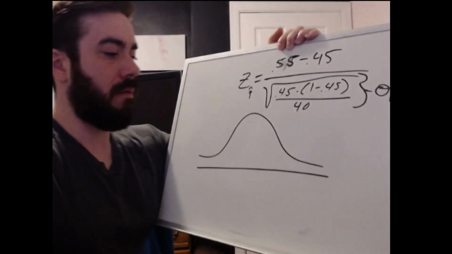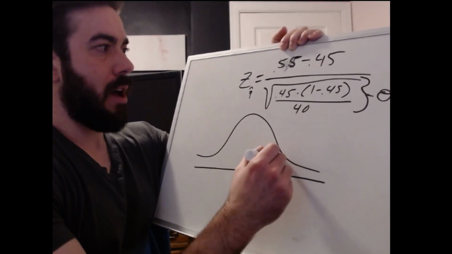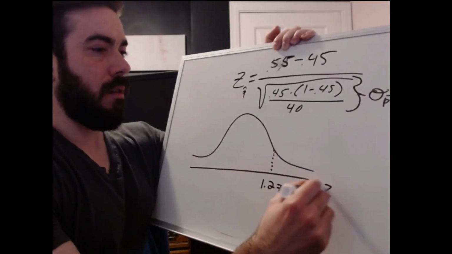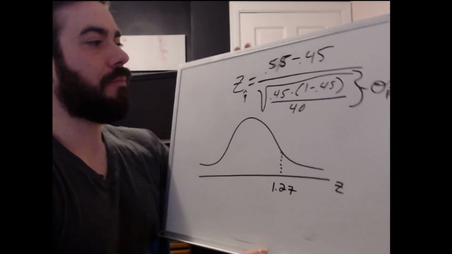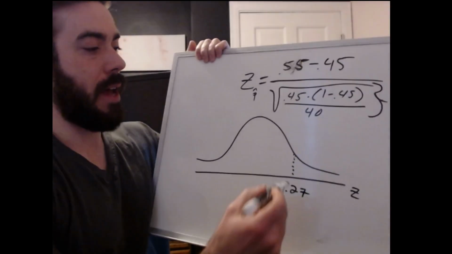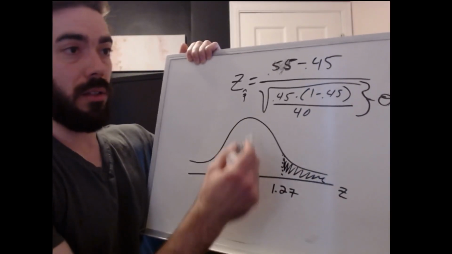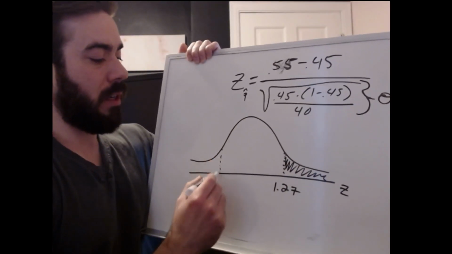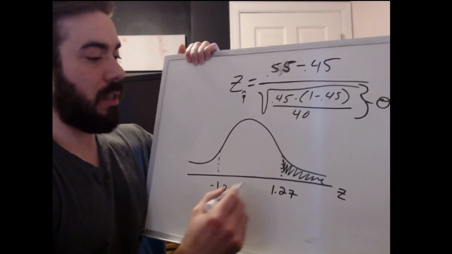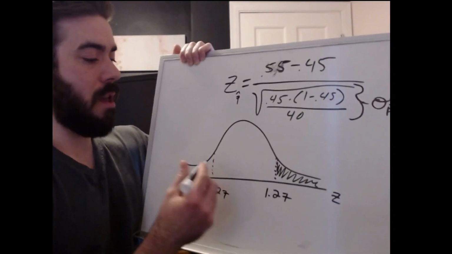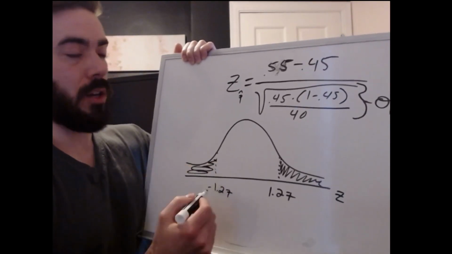So 1.27, if I'm doing this right. So we found a z-value of 1.27. But for a two-tailed test, for every value we saw up here that went against the null, it would have been equally as likely we saw something that was the same distance away from that assumed true proportion, but in the opposite direction.